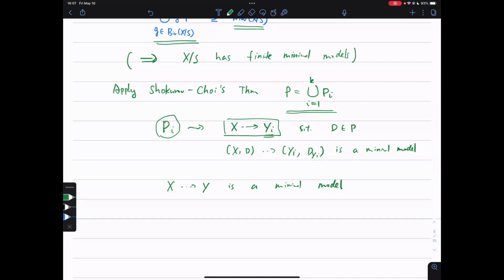We take A_Y to be a very ample divisor on Y. And then I take the strict transform, so A_X is the strict transform on X.